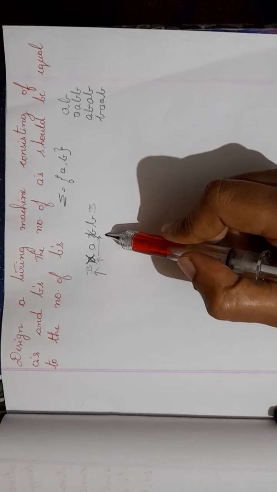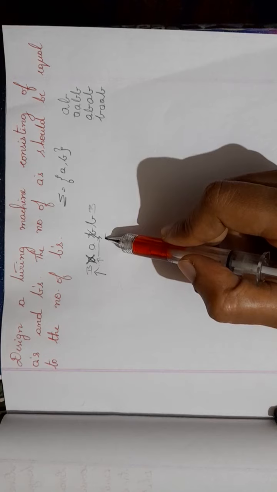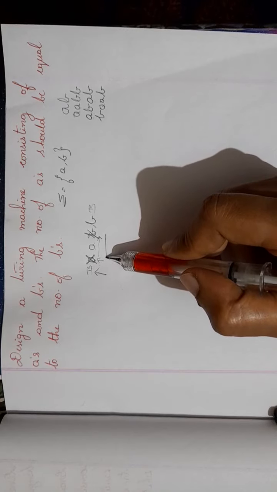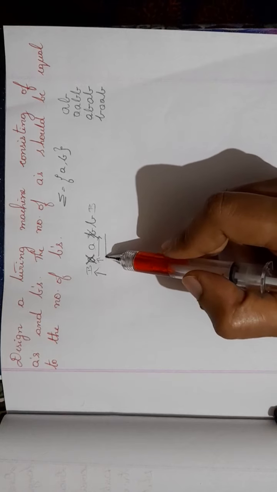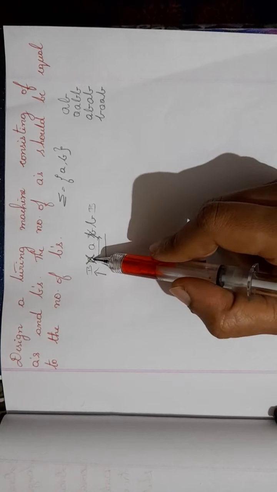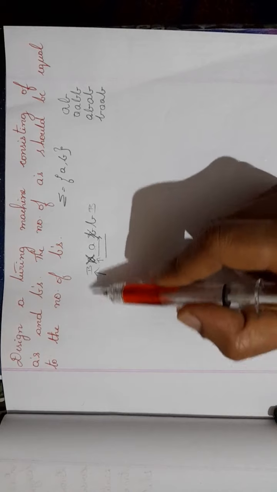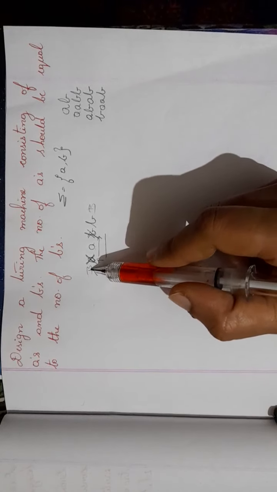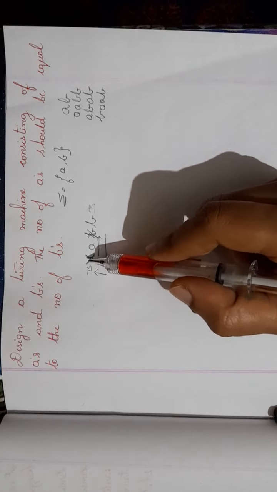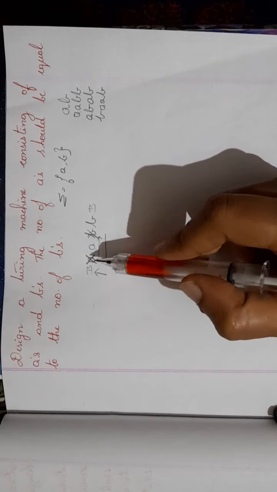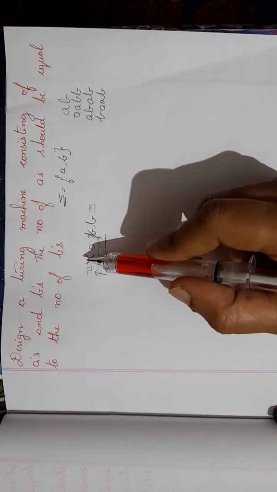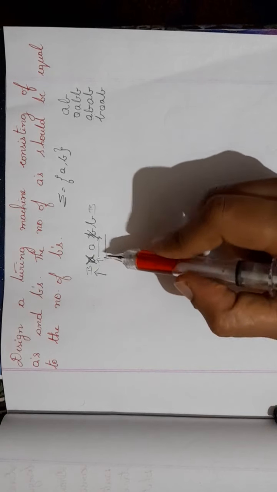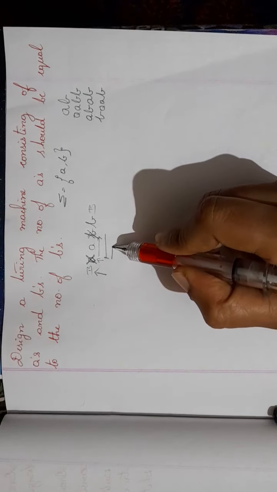I will move towards left. I will keep on moving towards left till I read this X, because after this X, everything will be changed or everything will be blank. So till I find X, I will keep on moving left. Once I find X, I will stop. I will keep this X as it is, and once again I will change the direction.